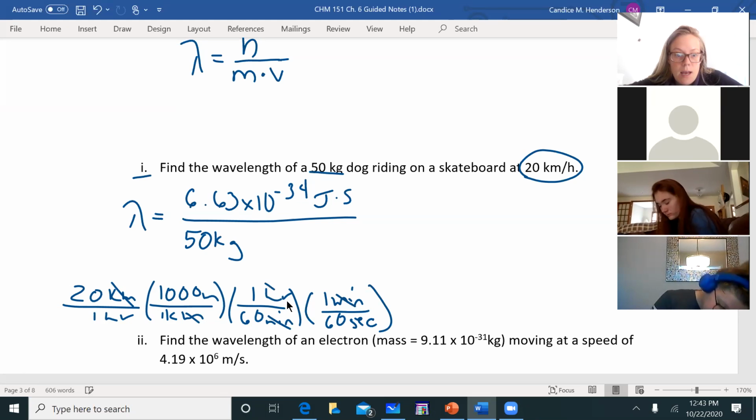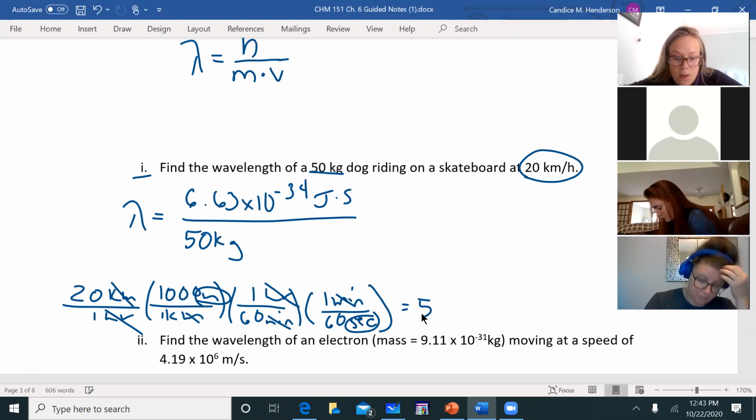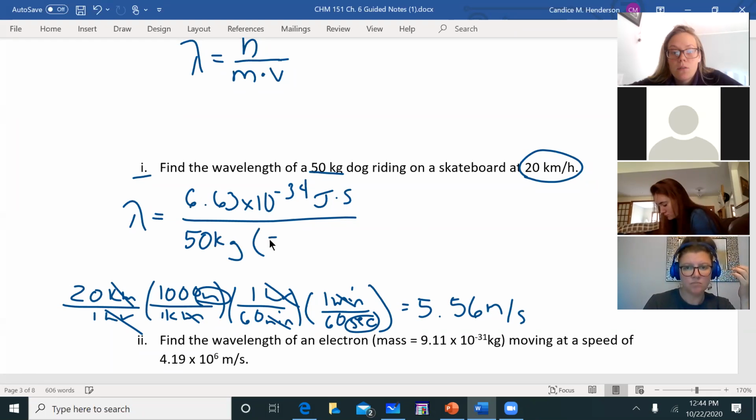Minutes will cancel, hours will cancel, and we're left with meters per second. The ending value for this ends up being 5.56 meters per second. So that's what we will plug into the equation here, 5.56 meters per second.